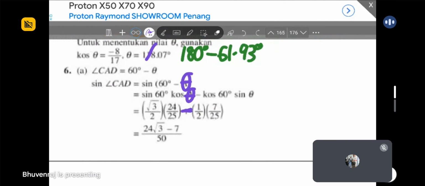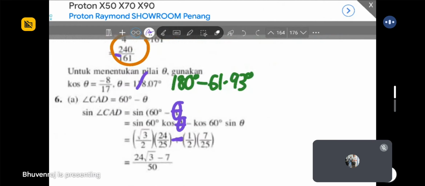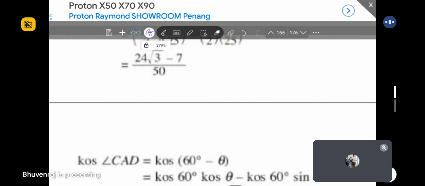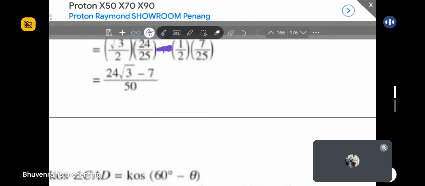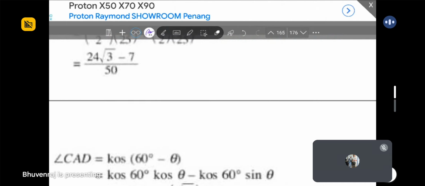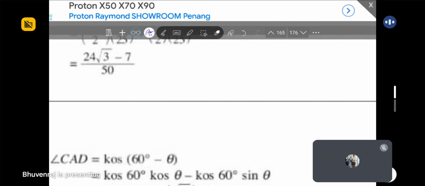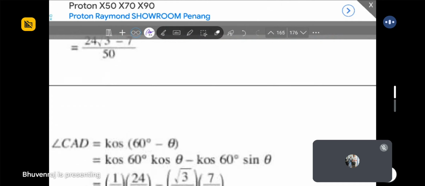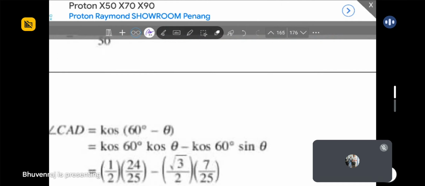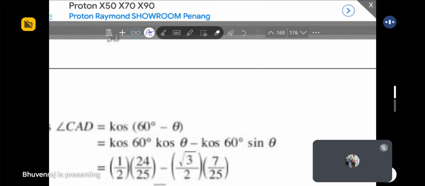Negative. So now, how about cos CAD? Same concept, CAD, you know is 60 minus theta. So kembangkan macam biasa. Expand according to the cos formula. So you will get all the values, gantikan macam tadi, sum all the answers.